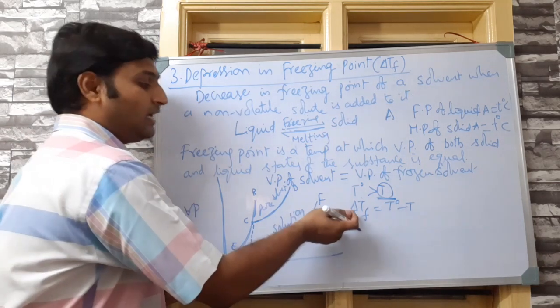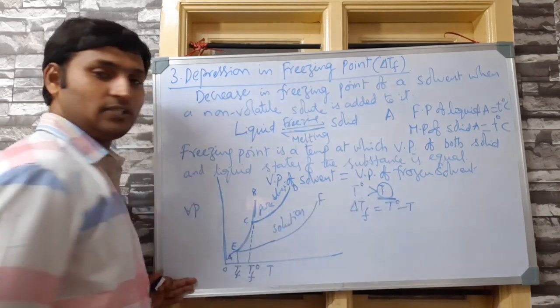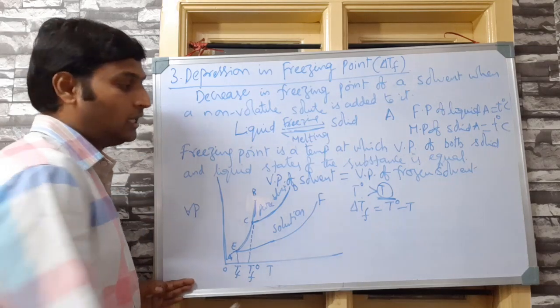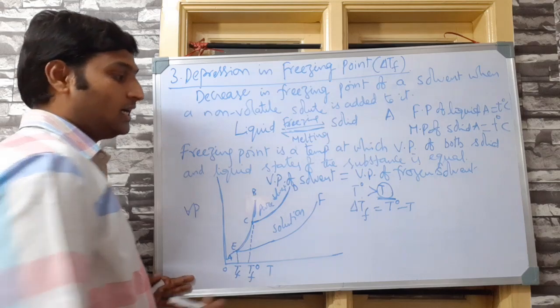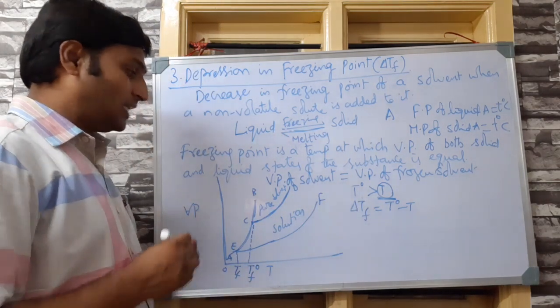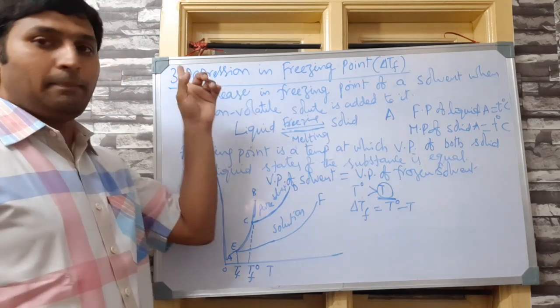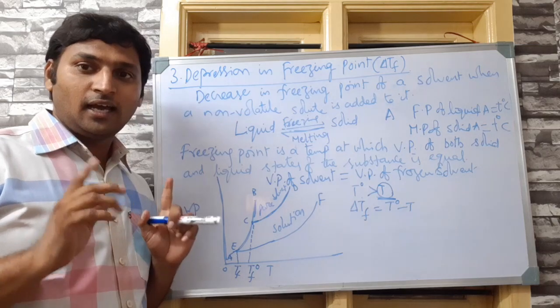Here the freezing point will be larger for pure solvent, so I wrote T naught minus T. T minus T naught for boiling point elevation, T naught minus T for freezing point depression. Is that clear? That is the graphical as well as physical justification for depression in freezing point. Up to this it is clear.